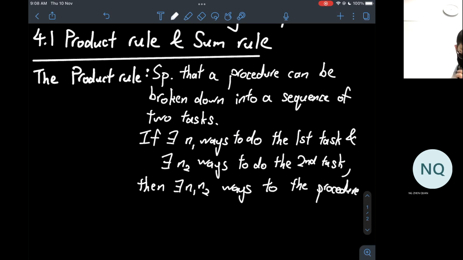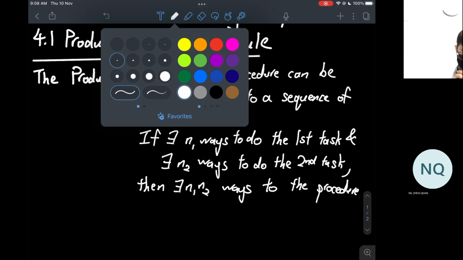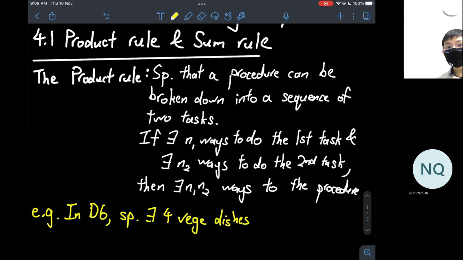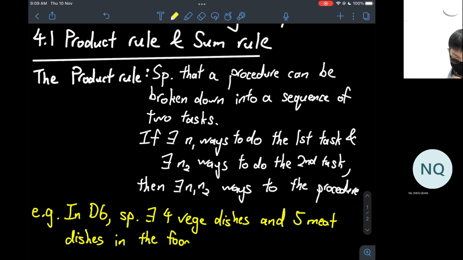So for example, suppose there are 4 veg and 5 meat pieces in the store.